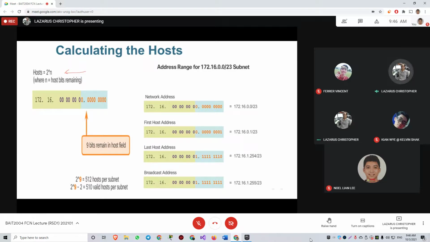So the usable host addresses available is 2 to the power n minus 2. Include the minus 2 if you want to find usable host addresses, the addresses that can actually be configured onto a host.